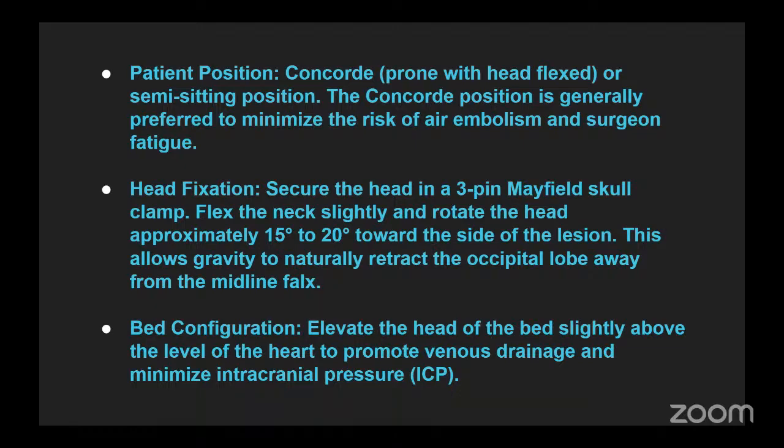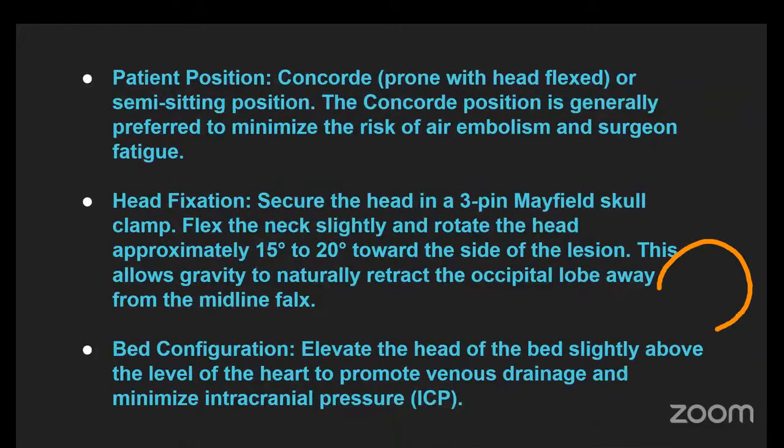So you fix the head with the Mayfield skull clamp, and ideally we rotate towards the side of the lesion, because, let me draw. This is the back of the head of a person. This is the falx. This is the tentorium. And let's assume the lesion is somewhere around here. If we end up rotating to the side, the way I have rotated, then what ends up happening?